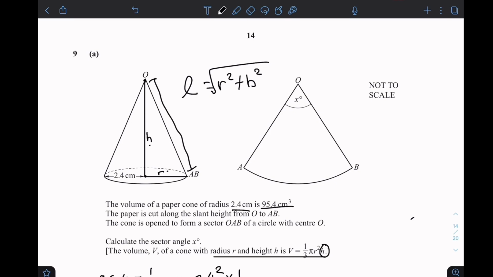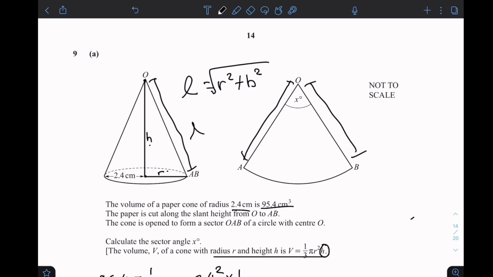Once we calculate the slant height, you can say that OA and OB are equal to the slant height. Imagine you have a cone in your hand and you're slowly unwrapping it, and once you open it, you get a shape like this.